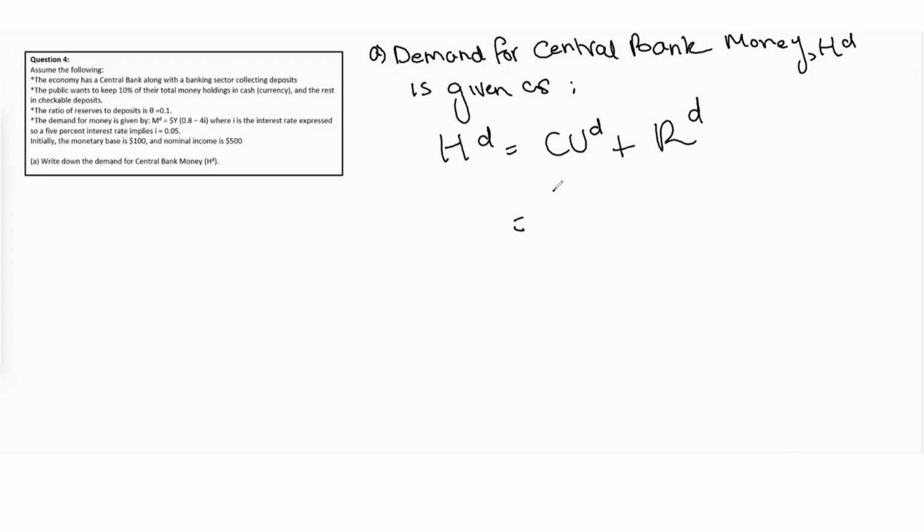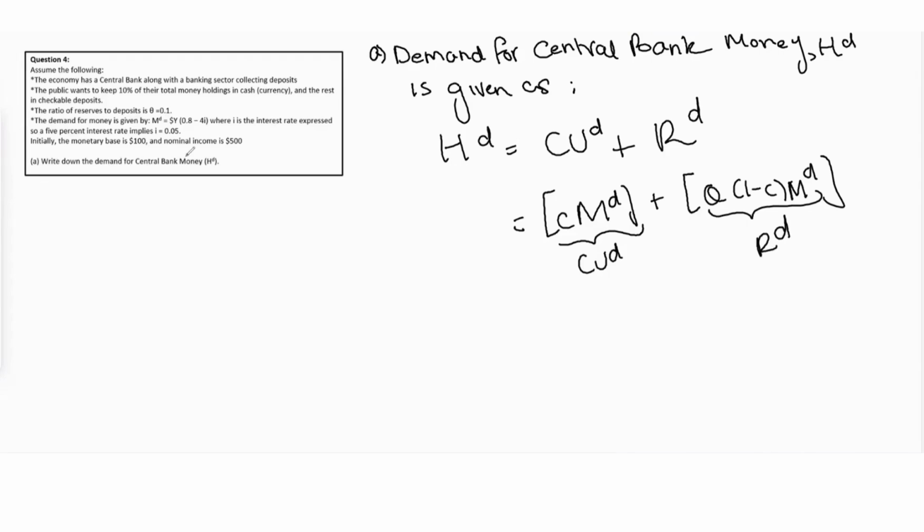Now, demand for currency is given to us as C times MD, plus demand for reserves is given to us as theta times (1 minus C) MD. We'll just unpack this in a bit. So this is CUD, demand for currency, and this is demand for reserves.